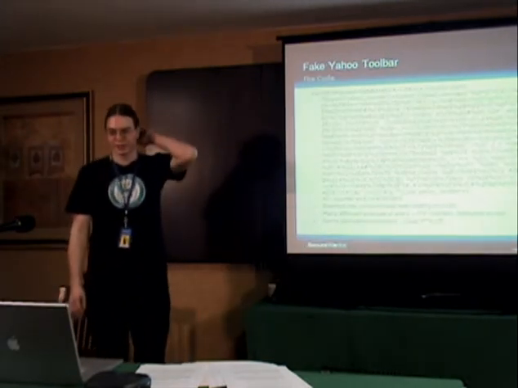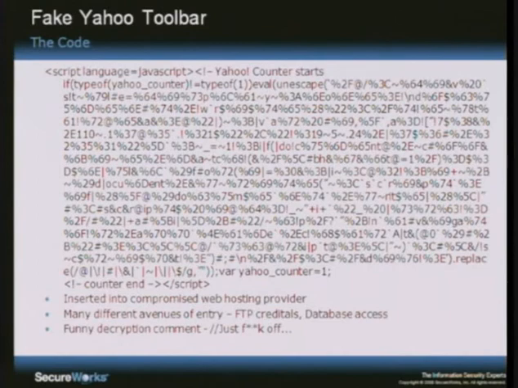Another piece of malicious JavaScript that I found, this was actually, SANS talked about some of their diary entries. This is fake Yahoo, or excuse me, it says fake Yahoo Toolbar, but it should say fake Yahoo Counter. I apologize. I was really sick this week when I was making these slides, so it was under heavy Robitussin.